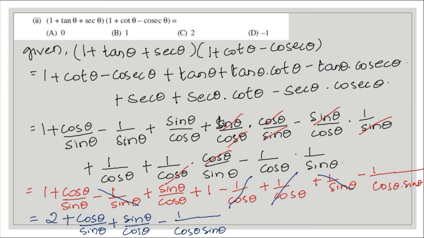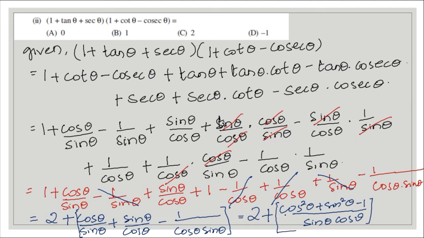Now I'll do a small thing. The 2 I'll keep as it is. In these terms I'll take the LCM. So 2 plus the LCM is sin theta cos theta. When cos theta is there here, it becomes cos square theta plus sin square theta minus 1. We all know that sin square theta plus cos square theta is 1.